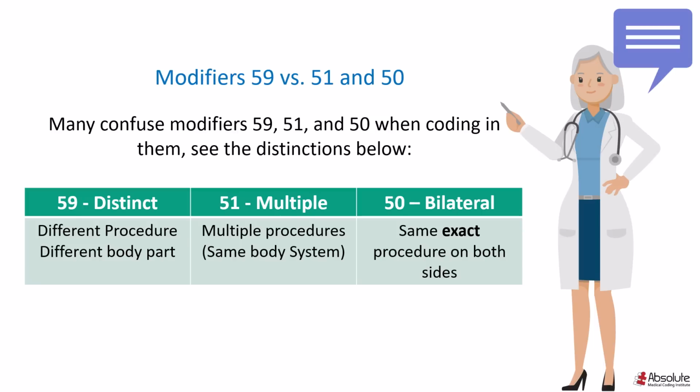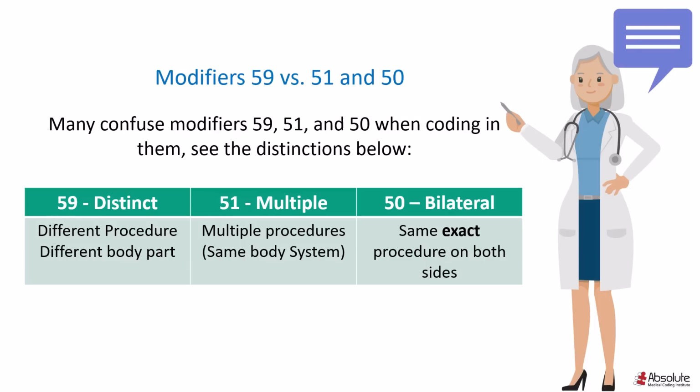It means a different procedure or a different body part. Modifier 51 means multiple procedures from the same body system or body part. And modifier 50 is bilateral, and that means the exact same procedure on both or opposite sides of the body.